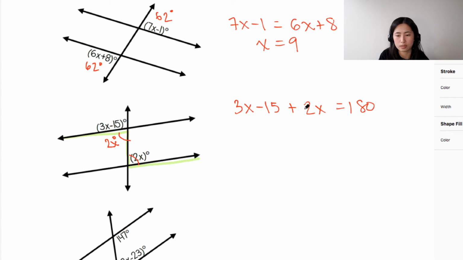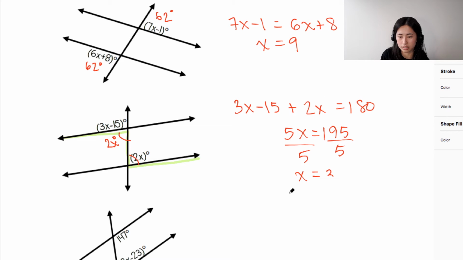So you have 3x plus 2x, that's 5x, and that's equal to 180 plus 15, divided by 5, because you want to isolate just x. Okay, 180 plus 15 is equal to 195, divided by 5. That should be equal to 39. Yeah, it's 39. So x is equal to 39 degrees.